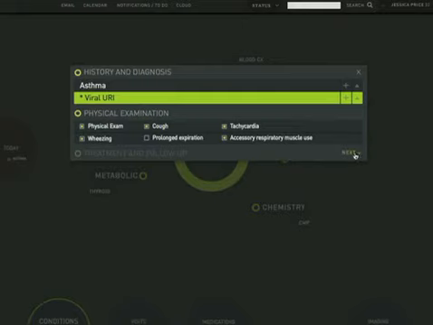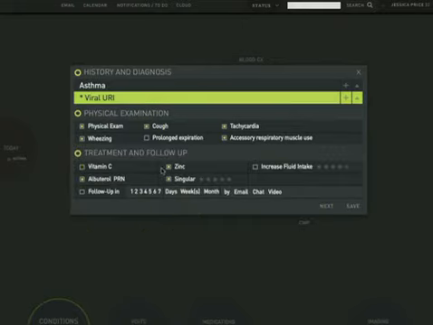So after I click Next, treatment protocols pop up that are designed specifically based on evidence-based medicine and current best practices, consensus opinion, expert opinion, that are the best treatments for the diagnosis.